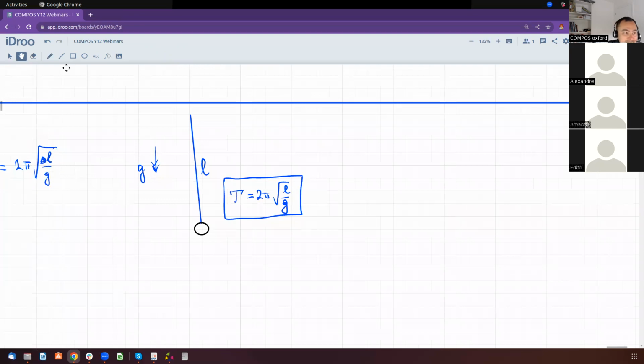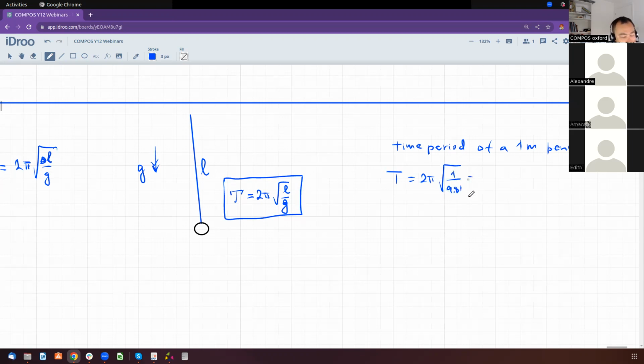By the way, if you take a pendulum of length 1 meter, let's find the time period. The time period of a 1 meter pendulum is 2 pi multiplied by square root of 1 over 9.81.